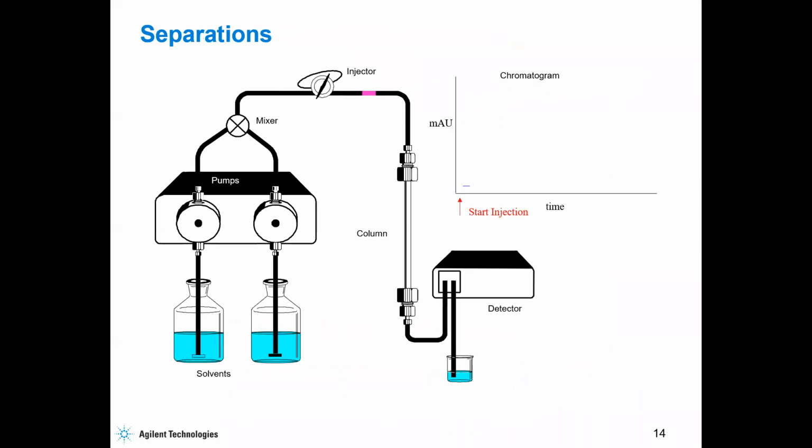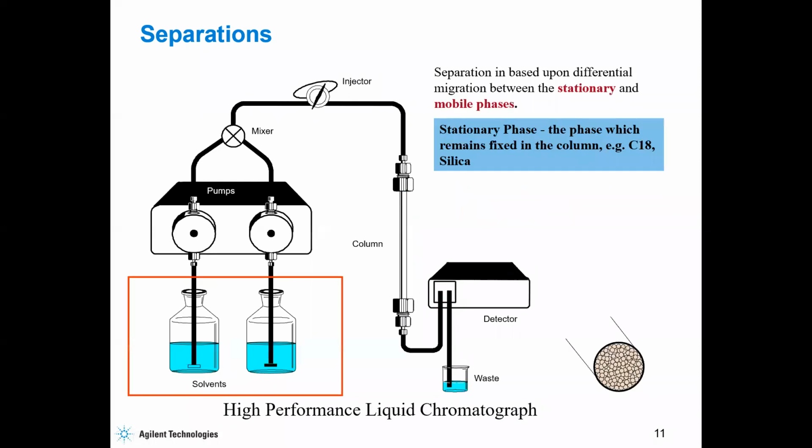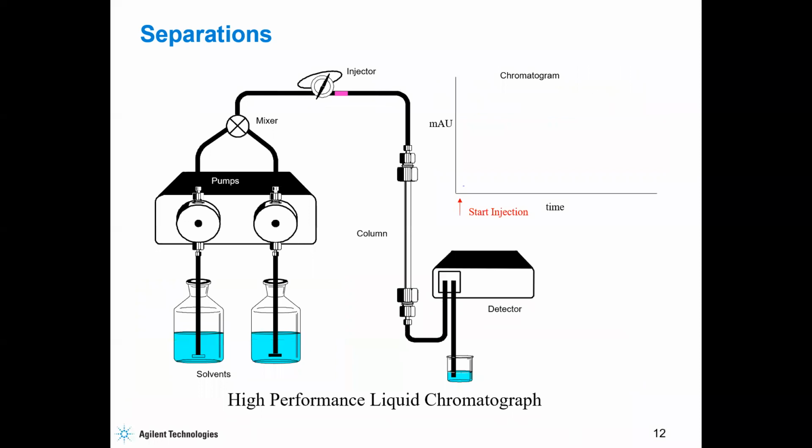So I'm playing a video now, you can watch the video. As the sample is injected, as it gets into the detector, when this gets there, there will be a peak. This goes there, there's a peak. So as each of the components gets into the detector, let me start the video again.